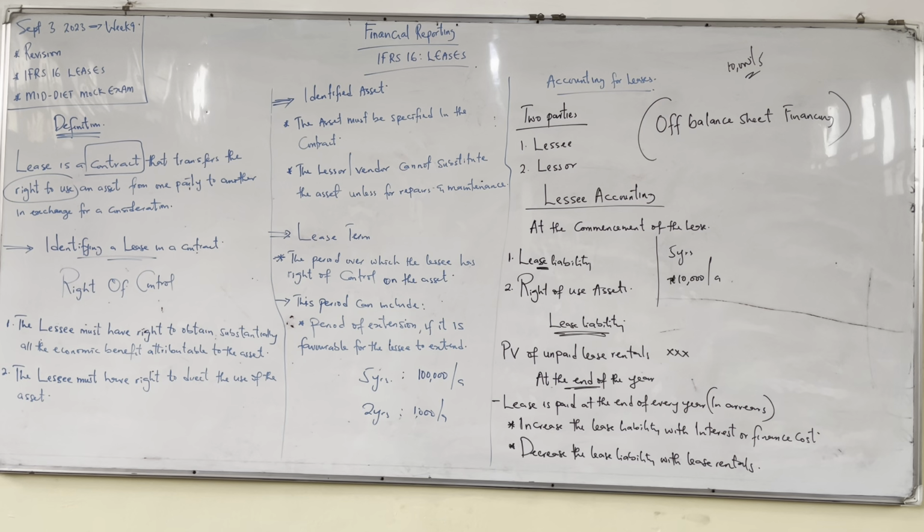The second one, which is the lease rentals that we are paying per annum, the rent. They said that you would decrease the lease liability with this lease rental. When the liability is decreased, that means you are debiting the liability. There's a second entry.